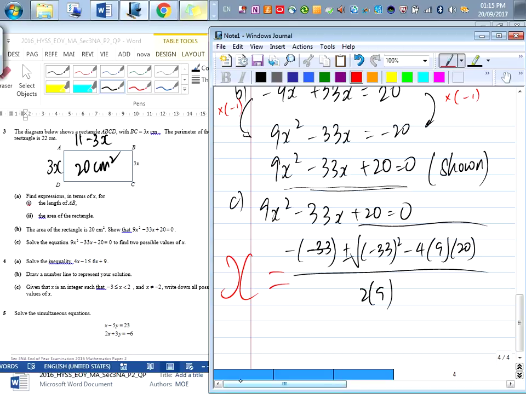Okay, so this is x equals to this value. So you substitute and arrive at approximately, you get two answers, then round it off 2.90 or 0.766.